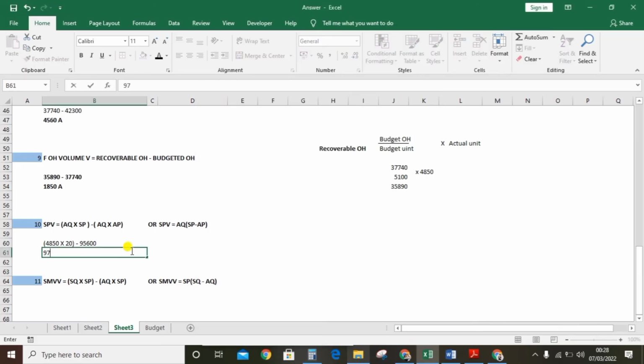So 97,000 minus 95,600. Here we compare the sales price and actual price. This is standard, this is actual. Standard is 97,000, but we sold for 95,600.